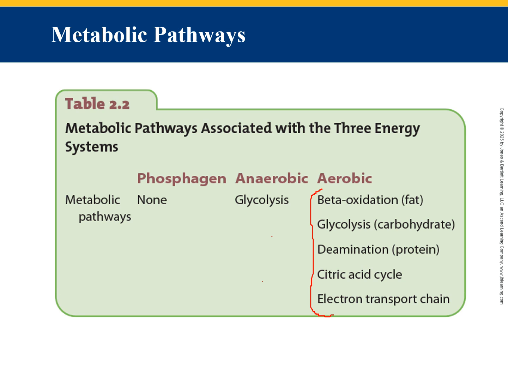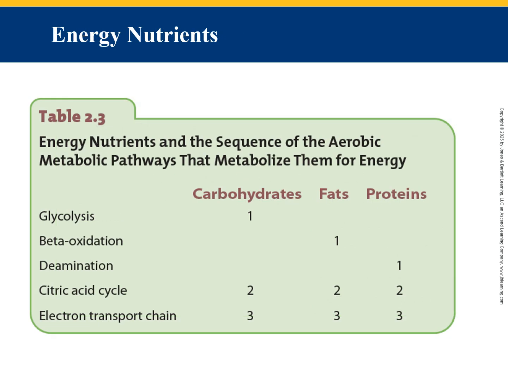All three macronutrients feed into that cycle, but ultimately the big energy producer is going to be in the electron transport chain. As I mentioned in the previous slide, the steps of breaking down each macronutrient requires a different preliminary step.